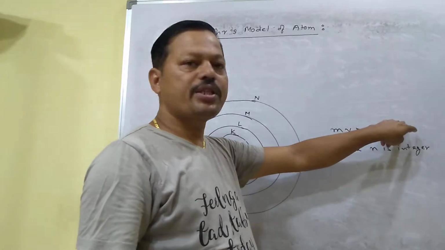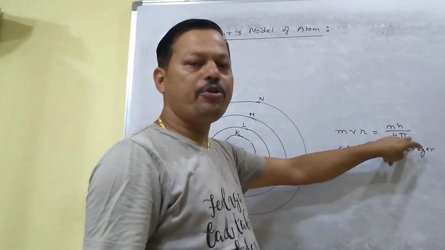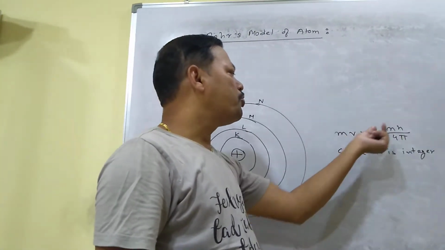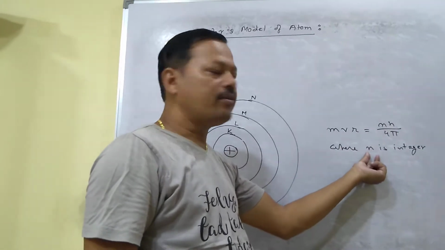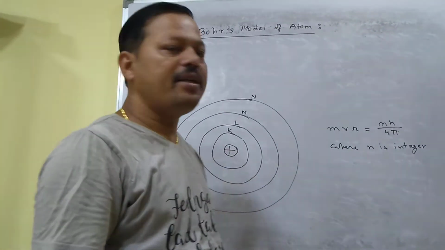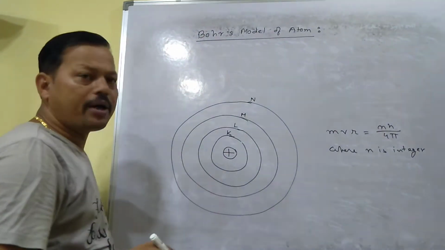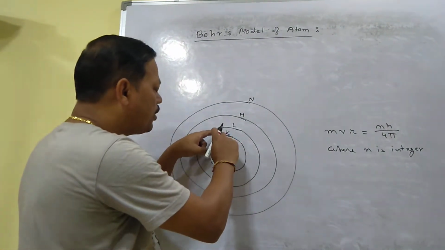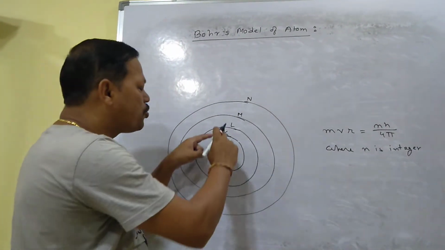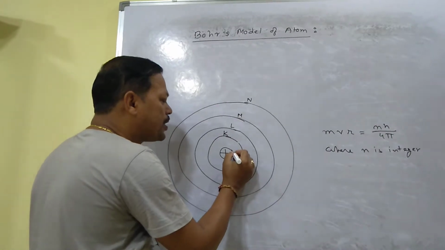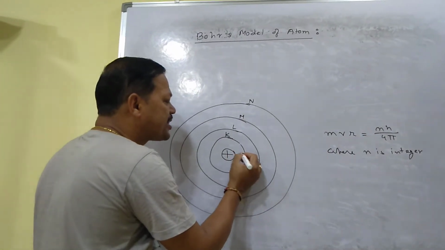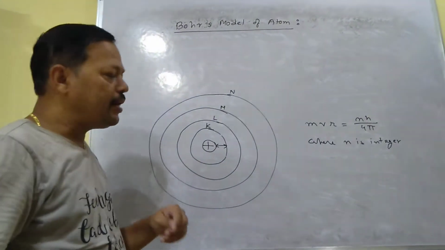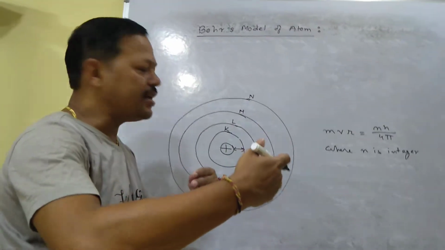h is Planck constant, already you have got. Pi value you know, 3.14. So you can find out the value of n, and that n must be an integer. That is why when you draw the orbit, it should be at a fixed distance from the nucleus. I mean, it should be at a fixed radius.